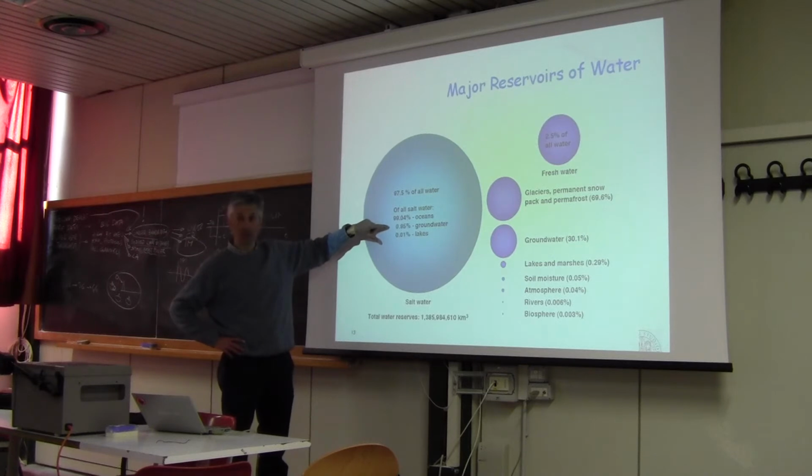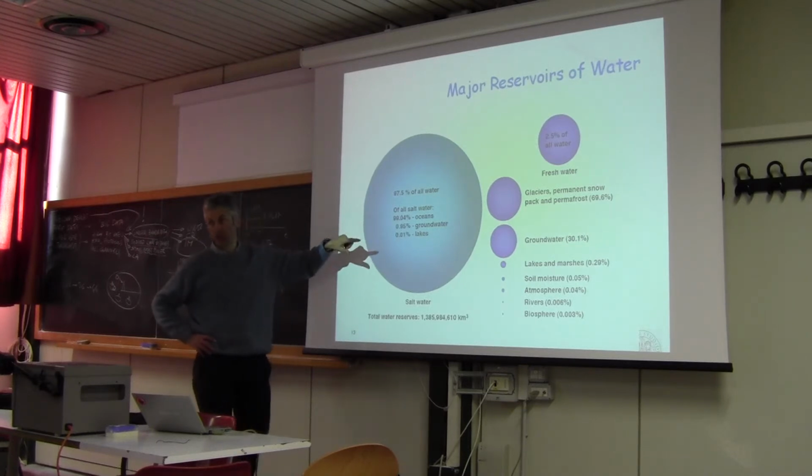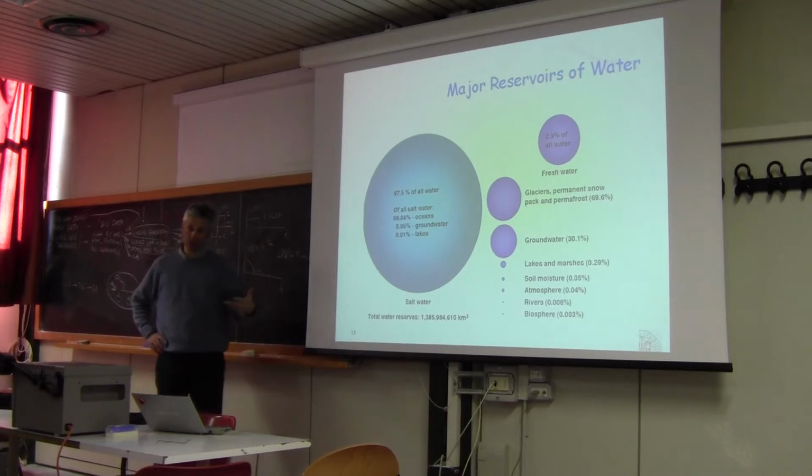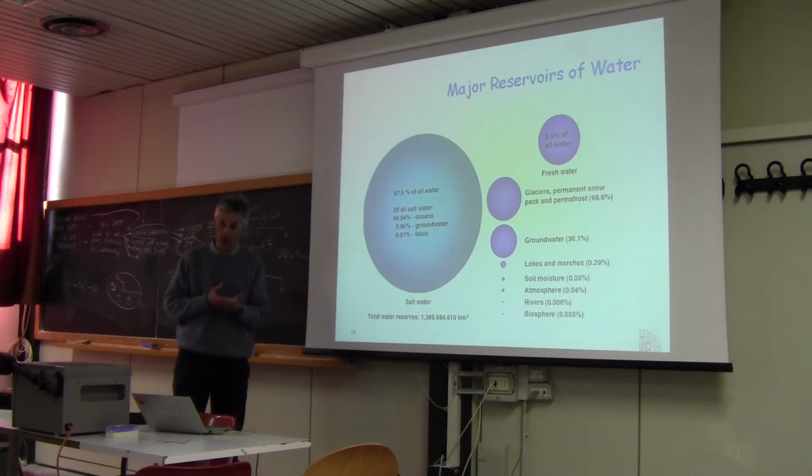This is a big problem. When we have salt water in groundwater, this is a big problem, because usually it means that from the oceans, from the seas, you have some infiltration of salt water into the land, underground. And this is usually a big problem. Why?